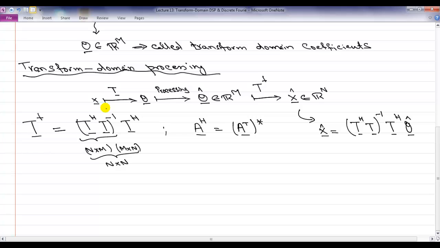So I go into the transform domain, and if I don't do anything else, I just want to go back to my original domain, I should get back the sequence I started with. So in that case, assume theta hat equals theta, which is of course defined by Tx, then we want that x hat should be equal to x if T is a transform.